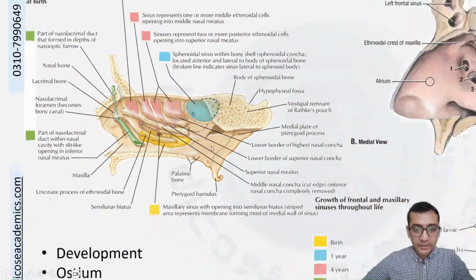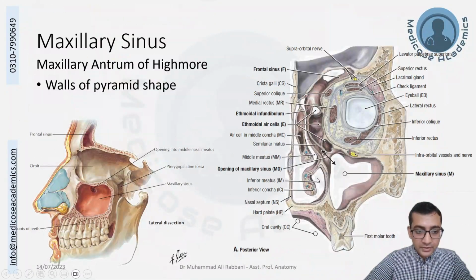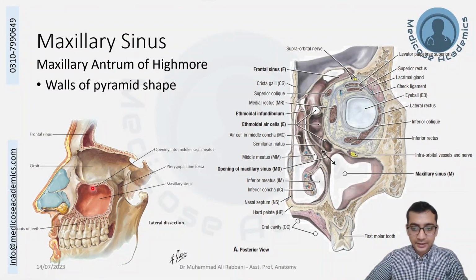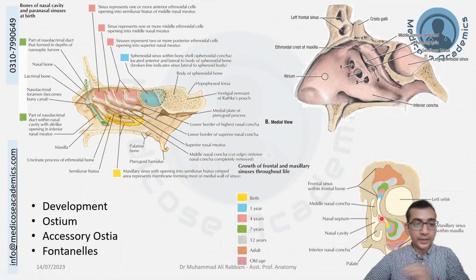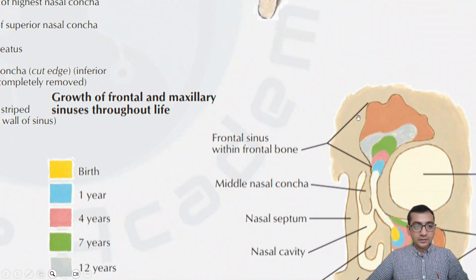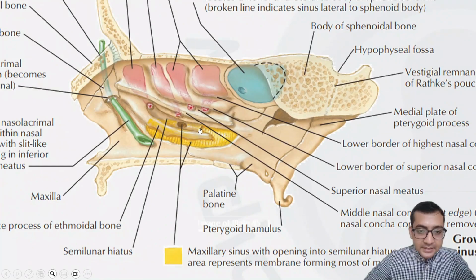So this is the opening that you were seeing in this picture right here, in this picture right here, and in this picture right here. This is the opening that you were seeing in the different pictures. So here you can see the ethmoid bone. In this whole area, there is no bony covering.